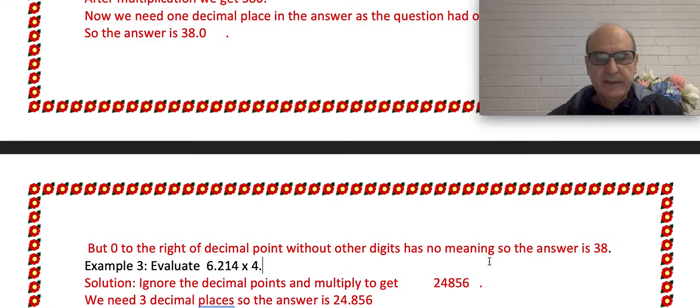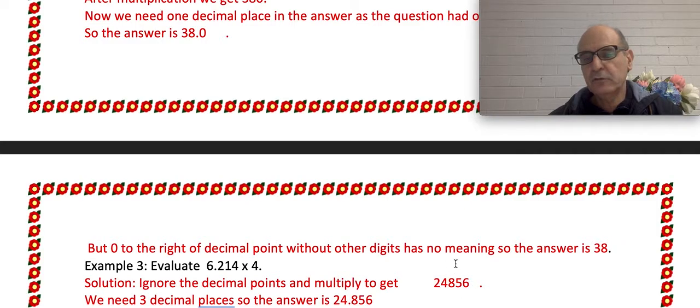And example 3, 6.214 times 4. Again, ignore the decimal point and times 6,214 by 4. 6,214 times 4 gives us 24,856.